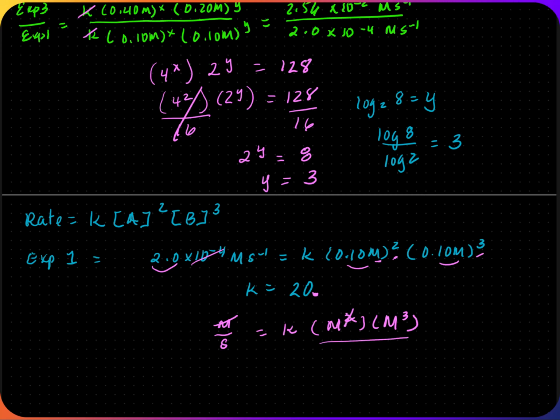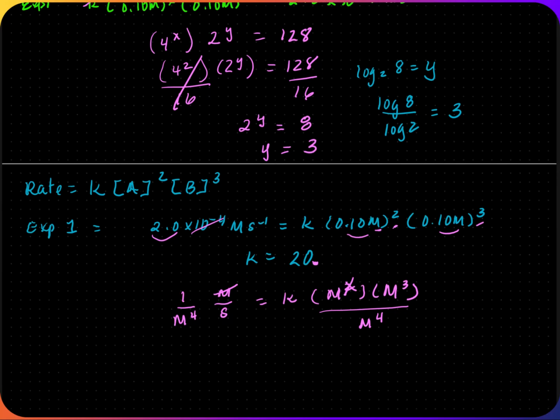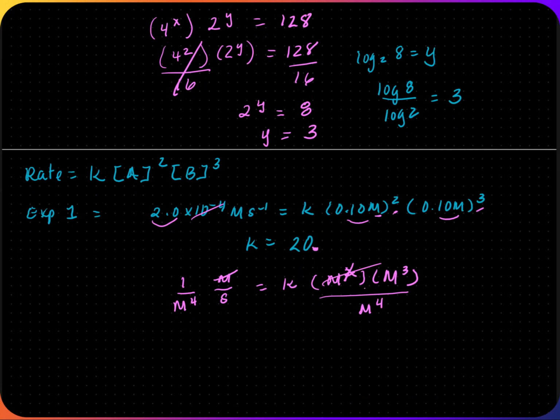Then I need to divide by molars to the 4th power, because when we multiply molars, you must add exponents. And so that means I need to divide this side by molars to the 4th. So if I simplify this, K becomes 1 over m to the 4th second, or it could be m to the negative 4th, second to the negative 1st.